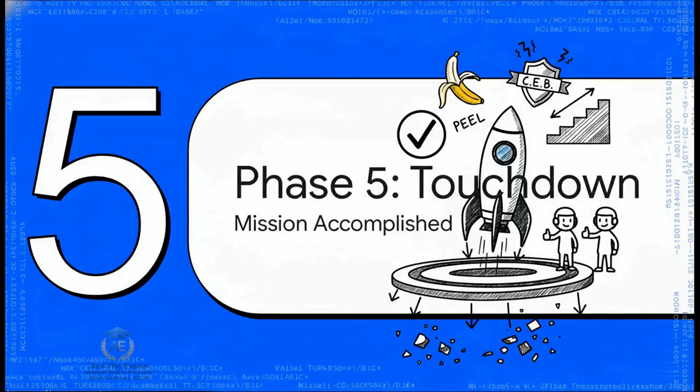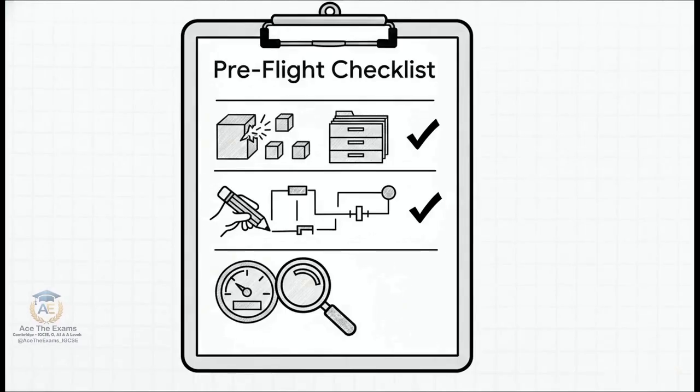All right, we are officially clearing the debris field. The approach vector looks absolutely perfect. We're entering Phase 5, mission accomplished, and touchdown. It is time for your final pre-flight scan. Pilots Alex and Sam have successfully touched down. They utilized the 5-step procedural framework, they applied the Peel structure perfectly, and they deployed the CEB hack. Now, before you open your actual exam paper, I want you to run this algorithmic thinking pre-flight checklist in your head.